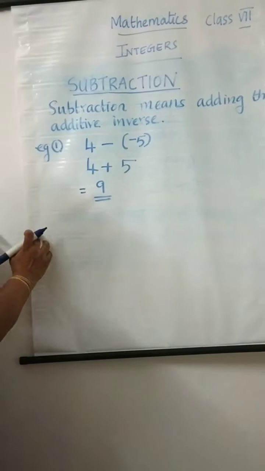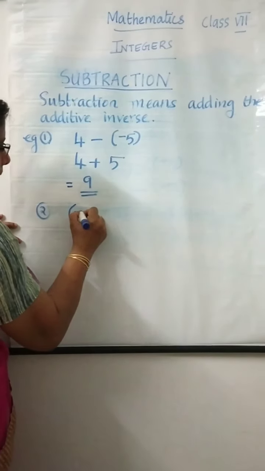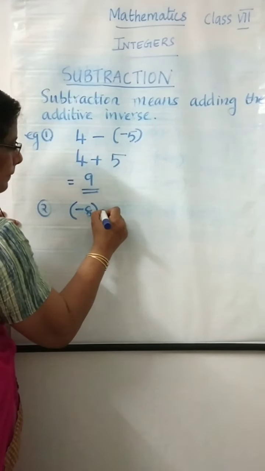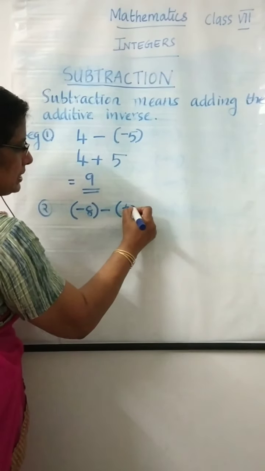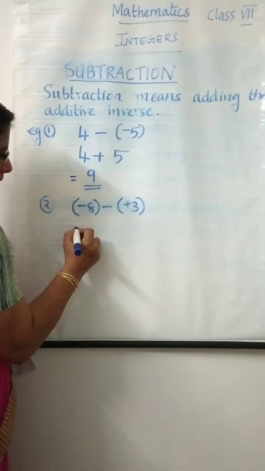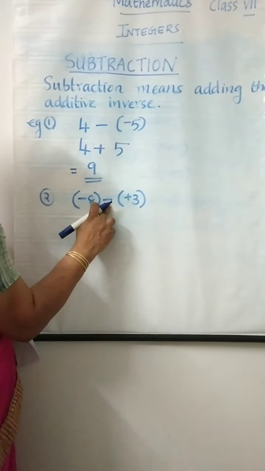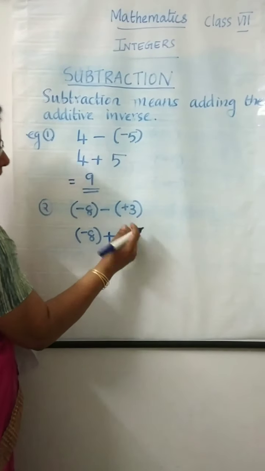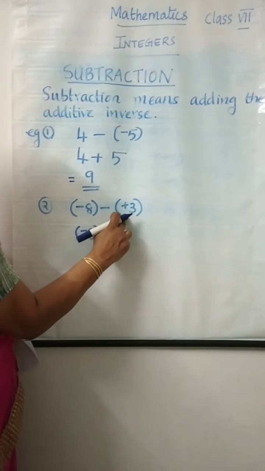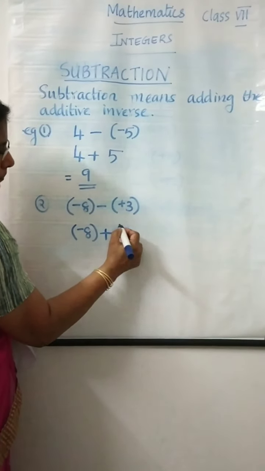One more example. Example 2. Minus 8 minus positive 3. So first number you have to write as it is. That is minus 8. Then this subtraction becomes addition. Then take the additive inverse of the second number. Additive inverse of positive 3 is minus 3.